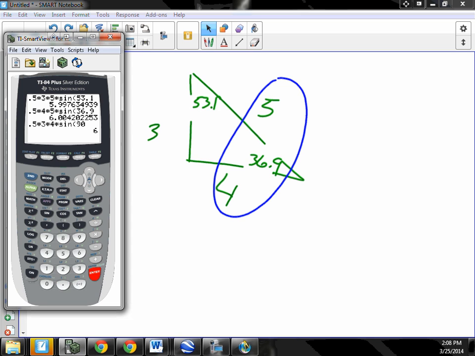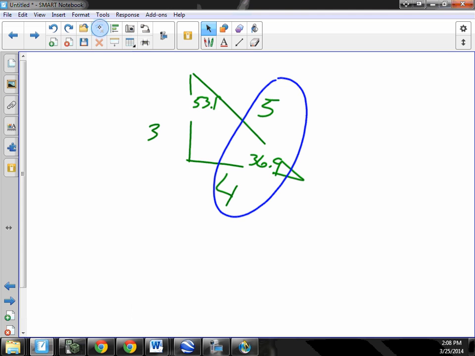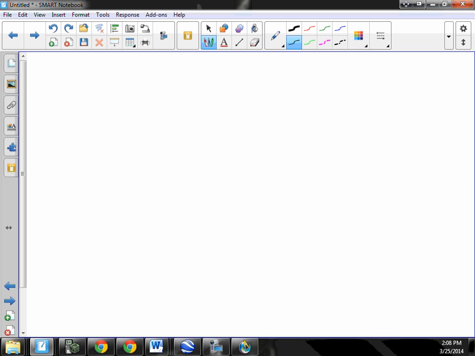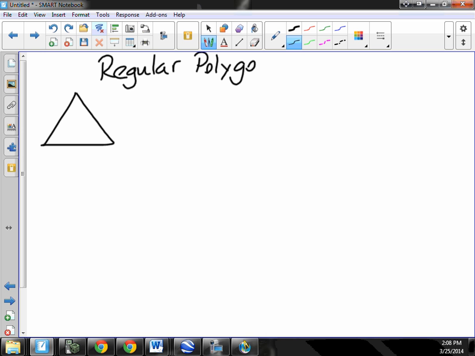Okay, let me remind you of something else. If I had a triangle, well, and we're going to talk about more than just a triangle. Does anybody know what a regular polygon is? What does it mean to be regular for geometric shapes?